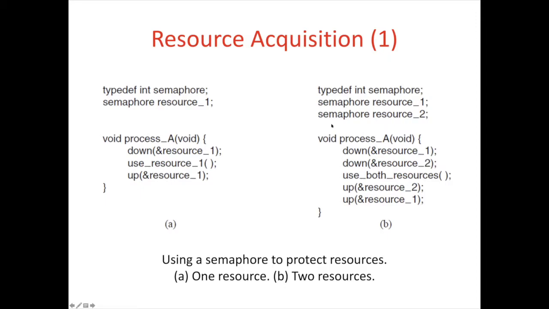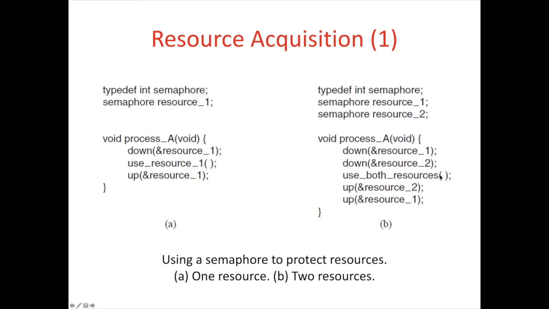Here we have the case of two resources. Again, there is a type definition for integer semaphore, and semaphore resource 1 and semaphore resource 2 are declared here. Here is the process A, which is going to use these two resources. Down resource 1, down resource 2.